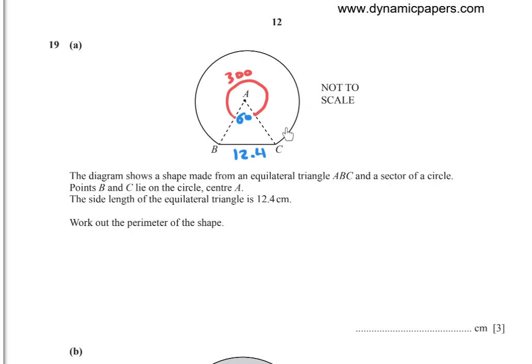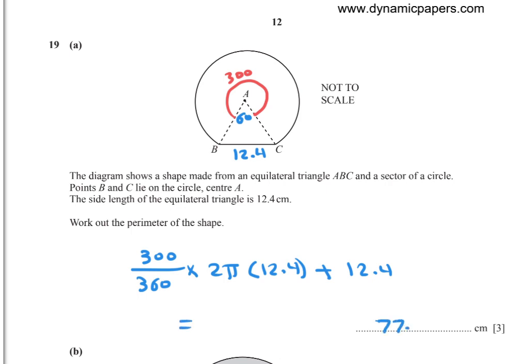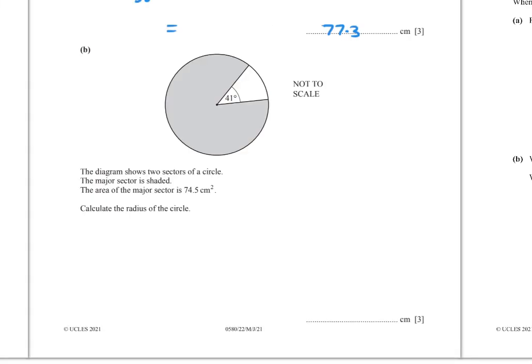The length of the arc, the angle 300, so 300 over 360 times 2 pi r, where r is 12.4, plus this segment, which is 12.4, equals 77.3 to 3 significant figures.